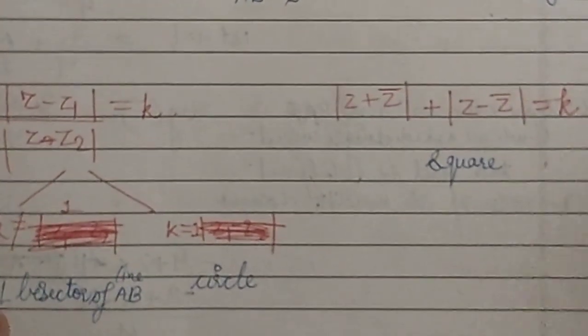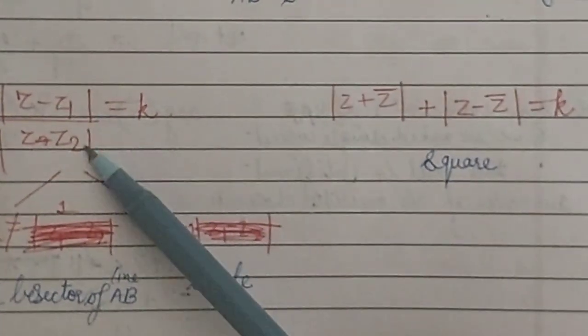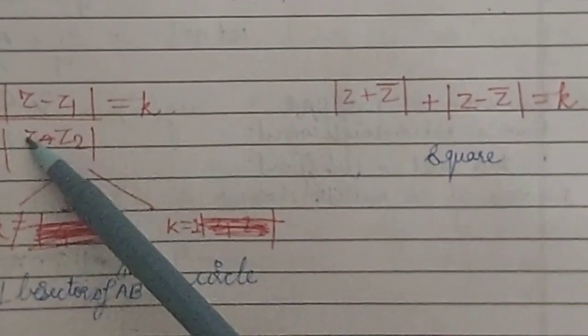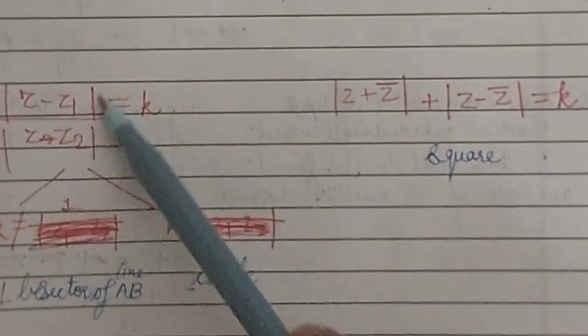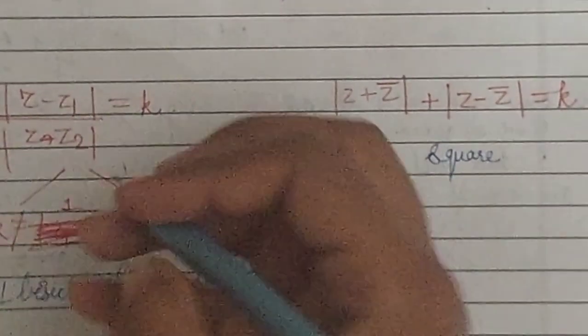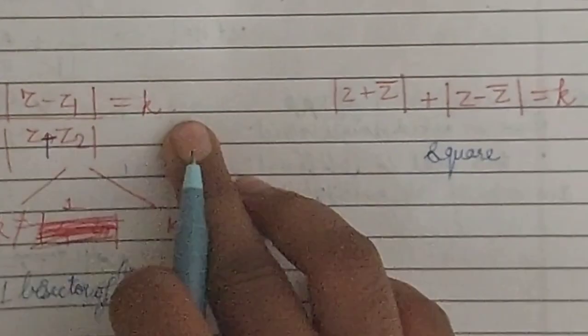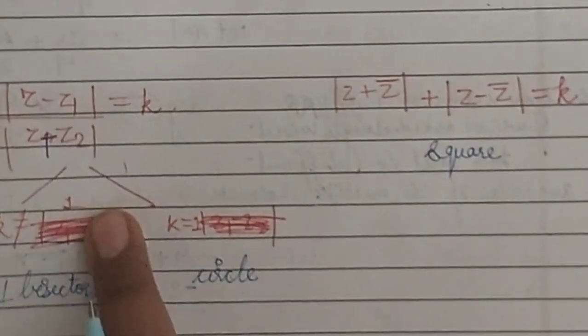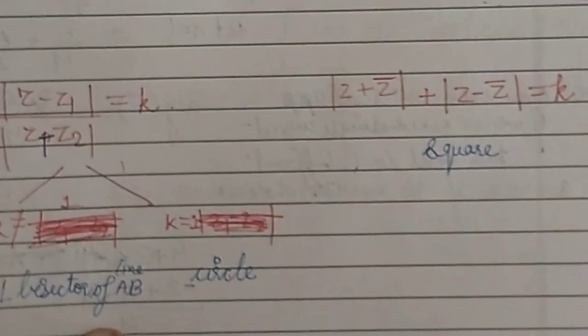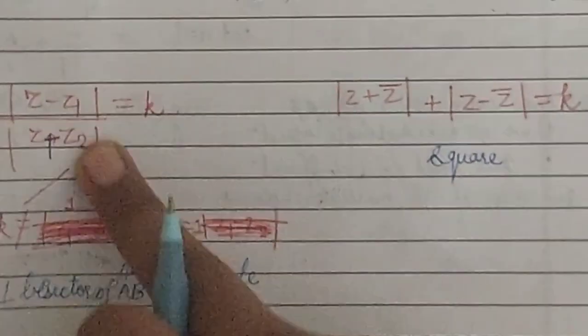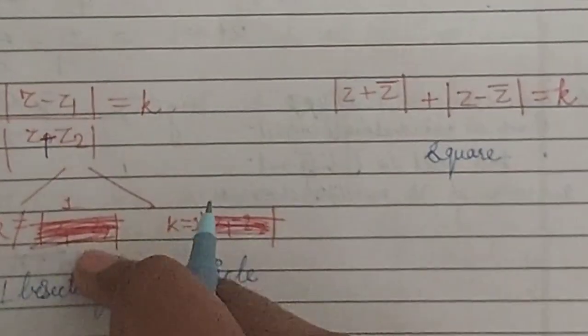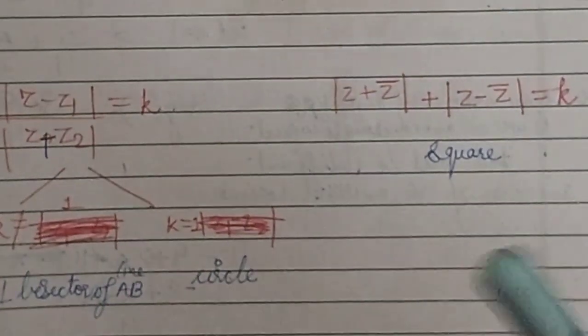Next is this trick. If you're given an equation of this form, the modulus of z minus z1 upon z minus z2 is equal to k, and if k is not equal to 1, it will be an angle bisector. This equation will show you the angle bisector equation.